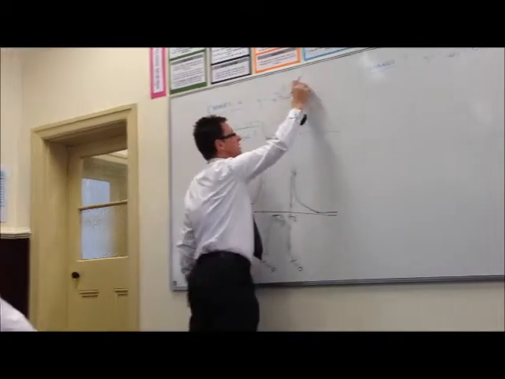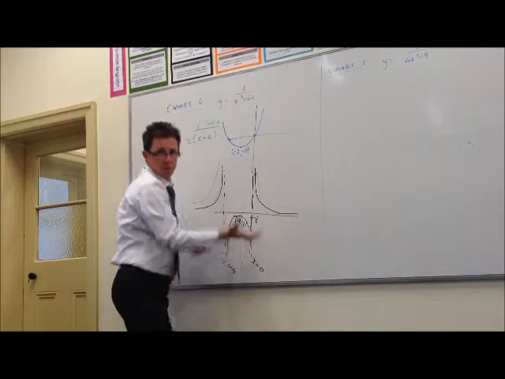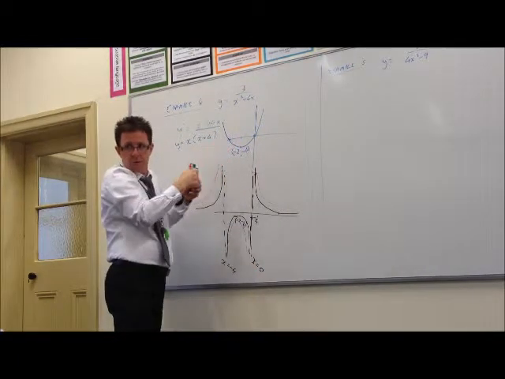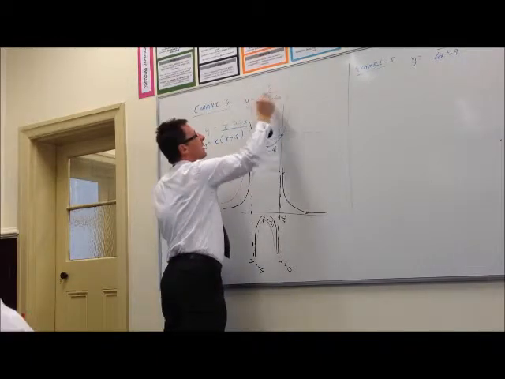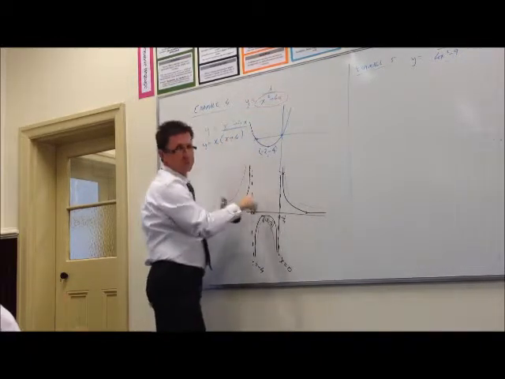If they decide to be nasty, put +1 on top of it. Move the whole graph up by 1. So it doesn't matter how bad it becomes, focus on the denominator, draw it, flip it, and then go for it.